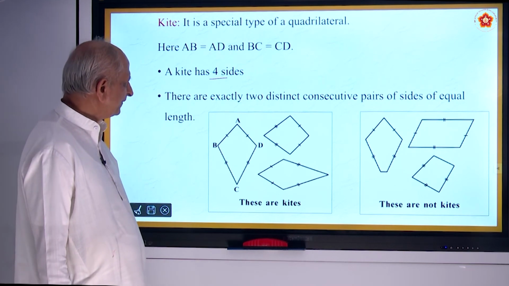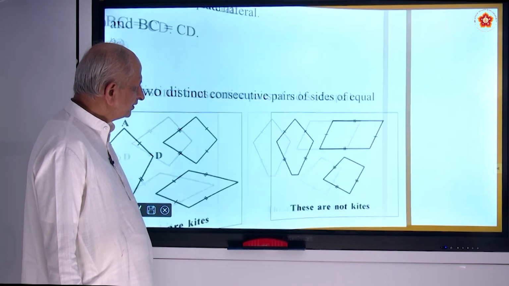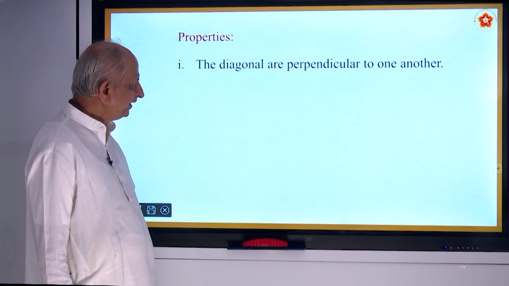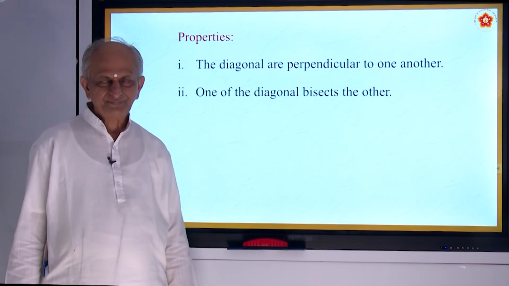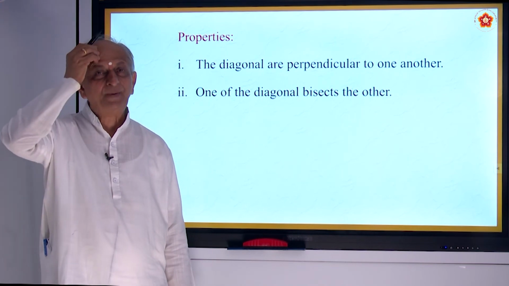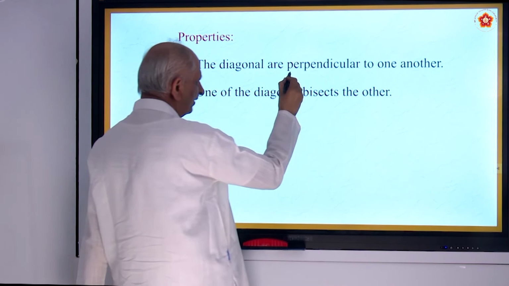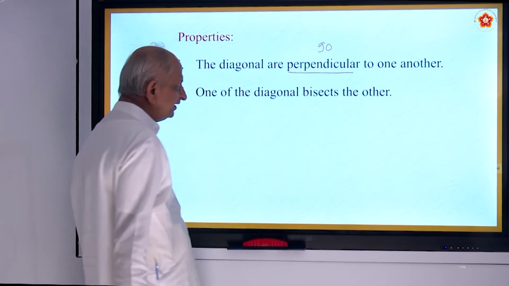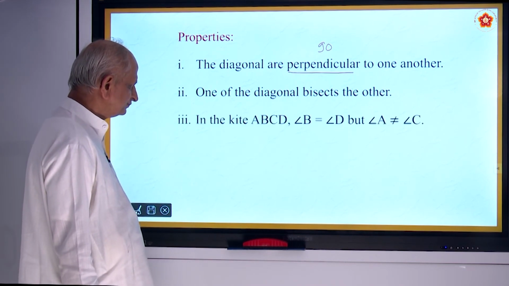And some more properties are also there. We will see what they are. So, diagonals are perpendicular to one another. What do you mean by diagonal? A line joining the opposite vertices, and they will be perpendicular. What does perpendicular mean? They make an angle of 90 degrees. One diagonal bisects the other.